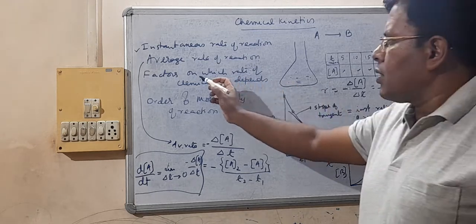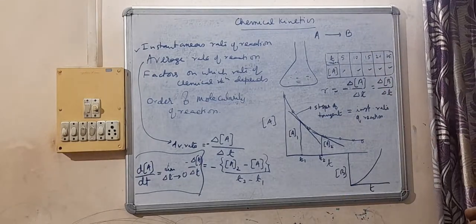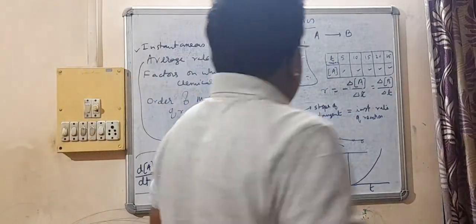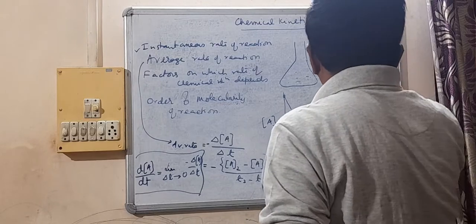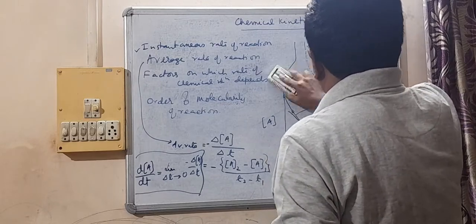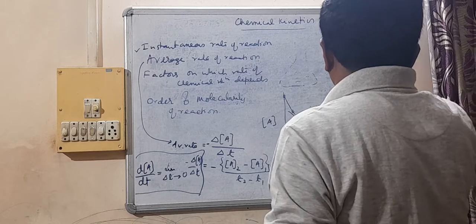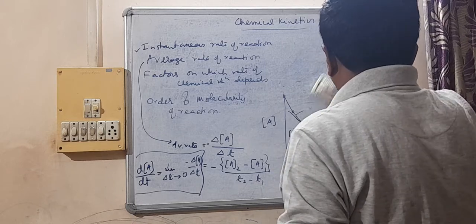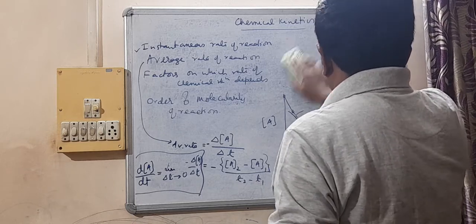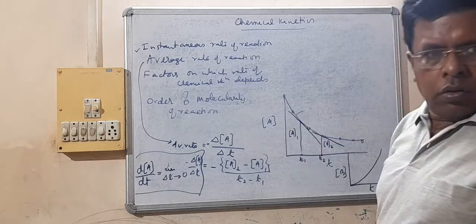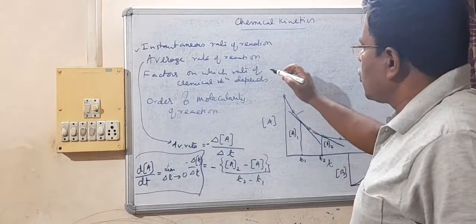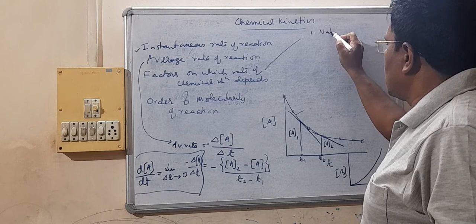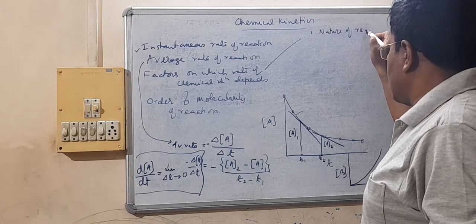Okay, now coming to factors on which rate of chemical reaction depends. There are many factors on which rate of chemical reaction depends. Number one factor, which is very important, is nature of reactants.